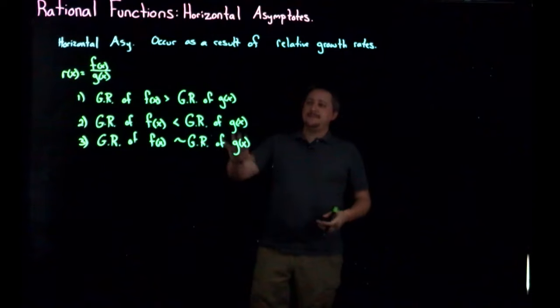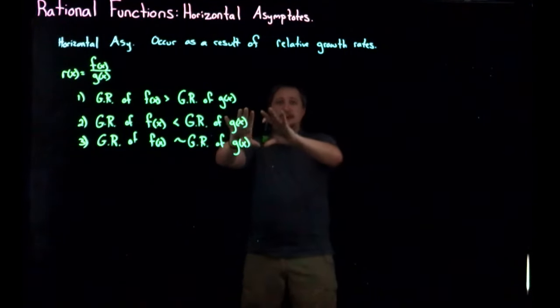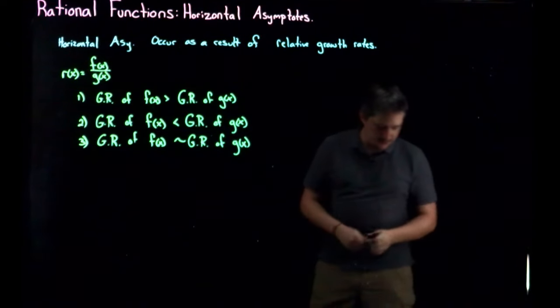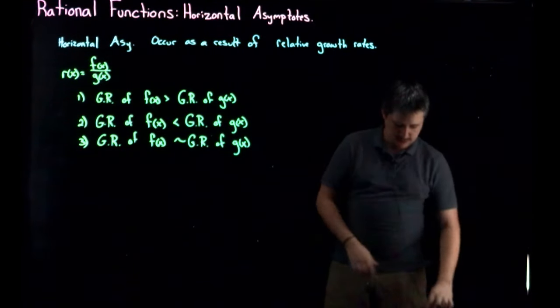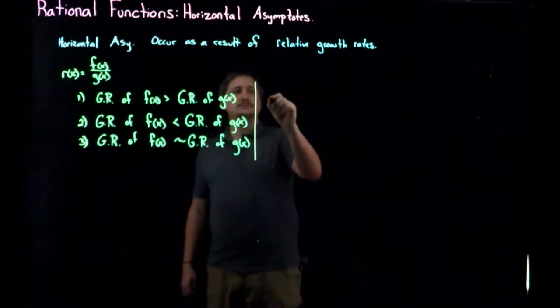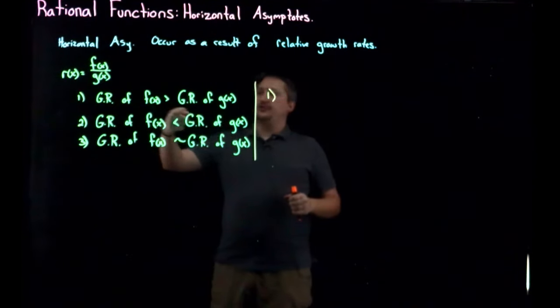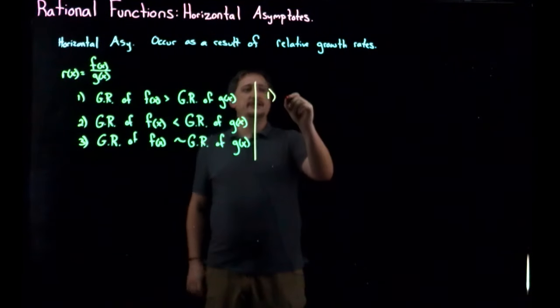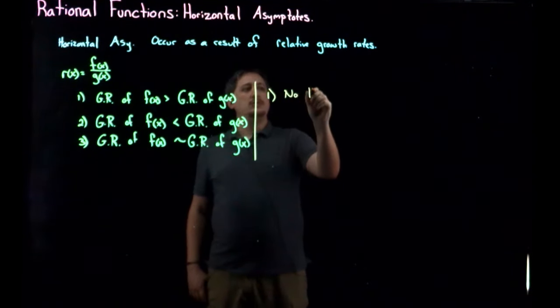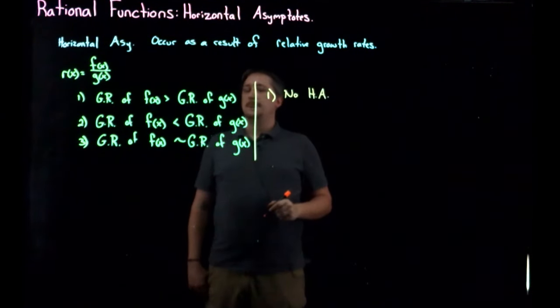Now, these three situations dictate three different behaviors. So, in the first case, if f of x is growing much faster, or growing faster than g of x, there is no horizontal asymptote, okay?